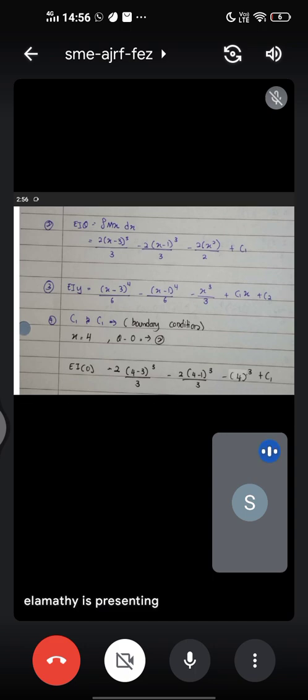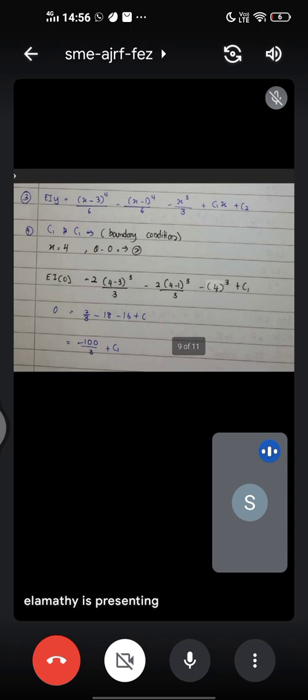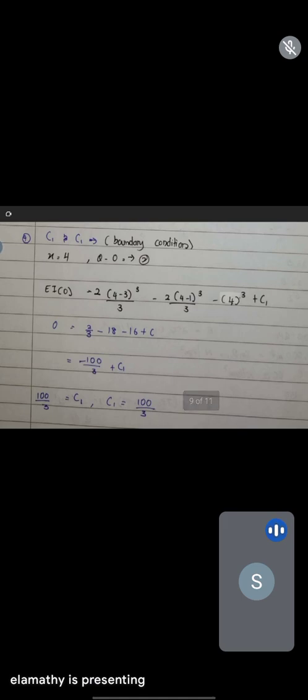In the fourth step, we have to apply the boundary condition, which is at x equals 4, y equals 0. So this will be the EIy equals 0 equation. The last equation will be 2 over 3 minus 18 minus 16 plus C equals negative 100 over 3 plus C1.